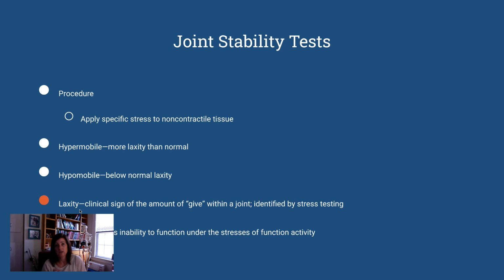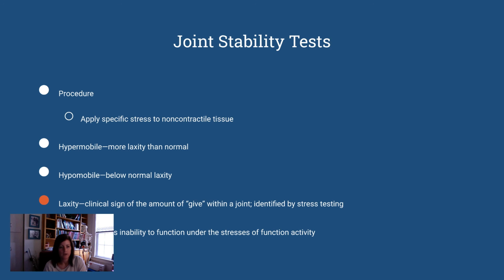Okay, so if we're comparing joint laxity with instability, laxity is going to be basically quantifying the amount of give that joint has, when you feel it. And again, this is where it's really important to get your hands on as many patients as possible so you can see what a normal joint feels like, and then also varying degrees of laxity. Instability is when the joint is having difficulty functioning under the normal stress that it's placed under.